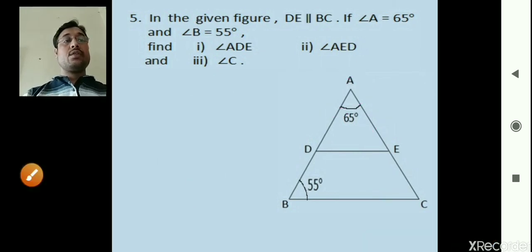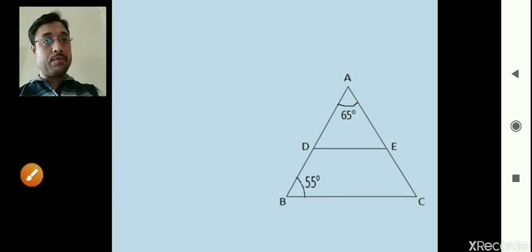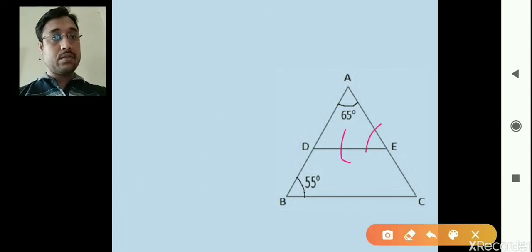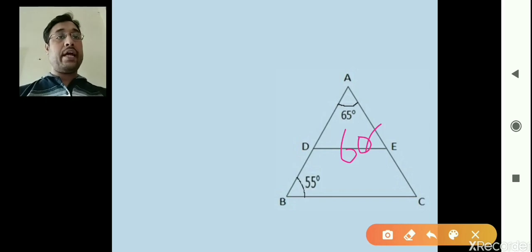Okay. Then you can do, just now you have got angle AED is 60, and ADE you have got 55 by corresponding angles. Then this is also 60 only by corresponding angles.